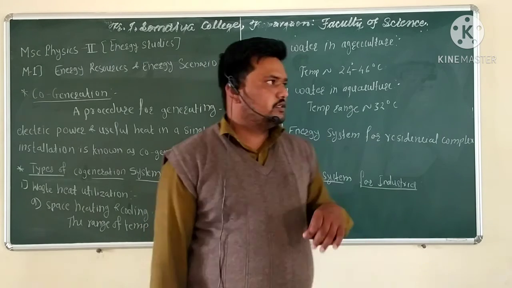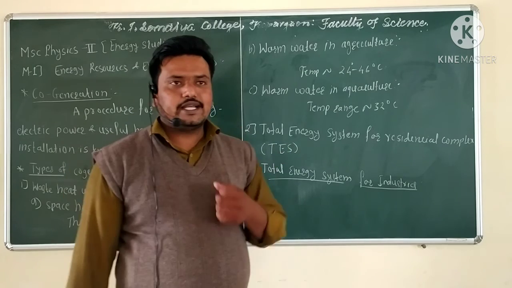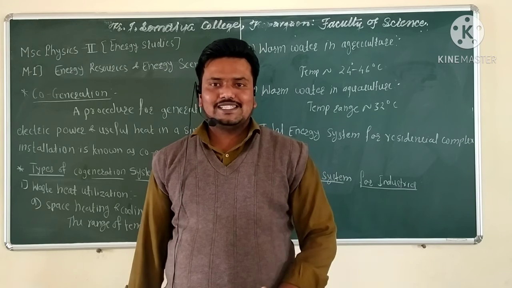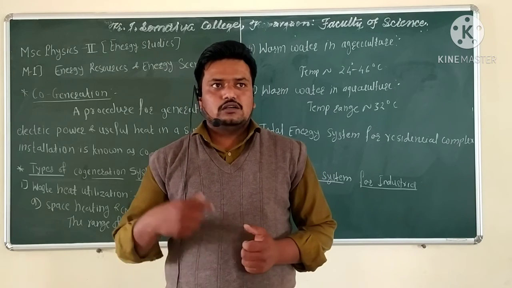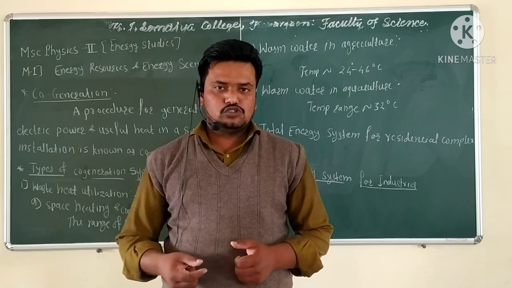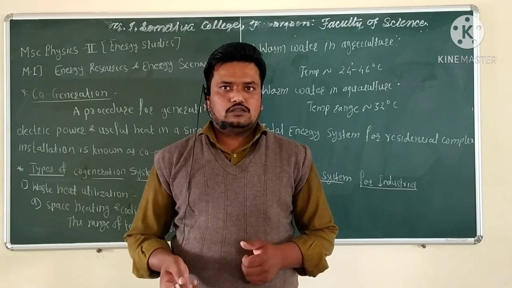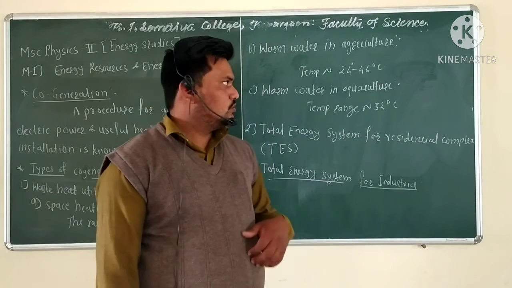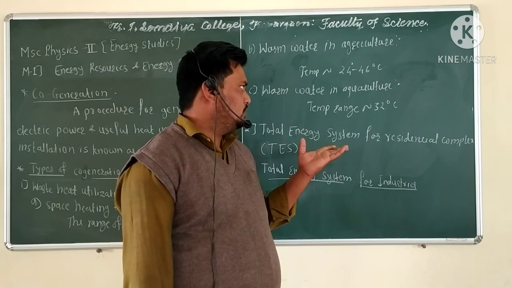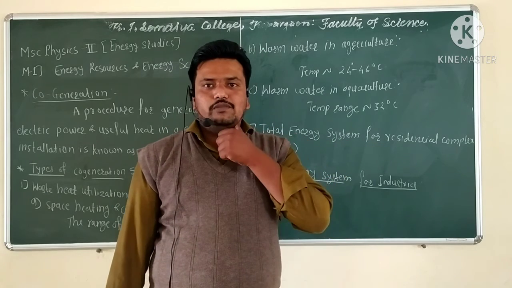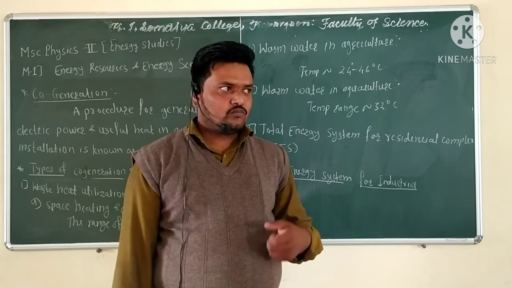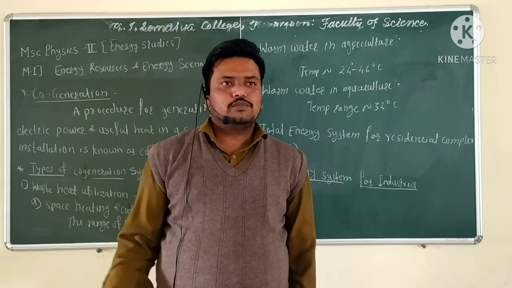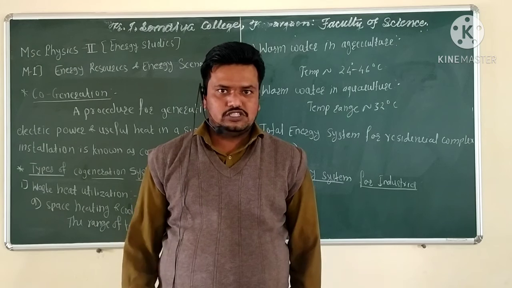The next one is warm water in agriculture, at a temperature range of 24 to 46 degrees Celsius, used in greenhouses or other purposes for growing various types of vegetables or foods. The next one is aquaculture, at about 32 degrees Celsius, which is a very good climate for aquatic animals or fishing. And the next one is the TES total energy system, which is useful for complex systems or for industrial systems.